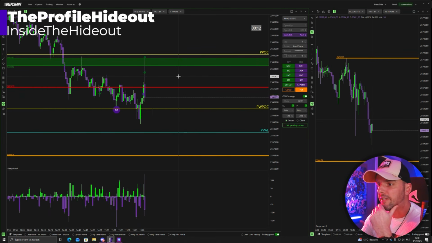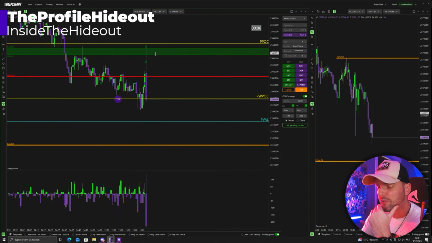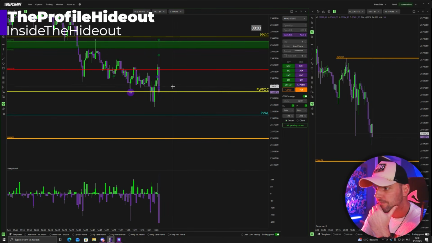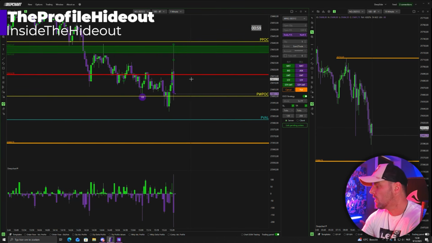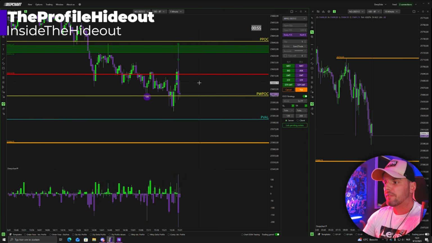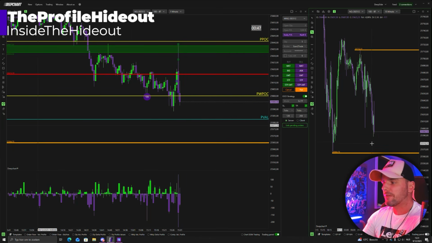Right, so market testing the value low, prior POC, immediately rejecting, absorption. It's looking heavy. Give it a minute for it to develop. Very likely to get a sweep of these lows here.